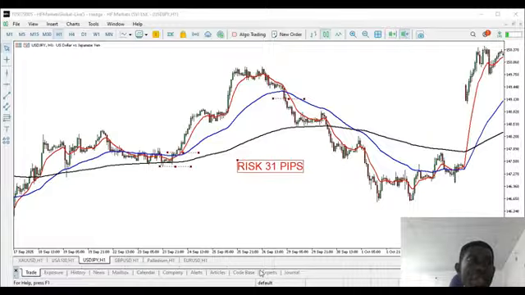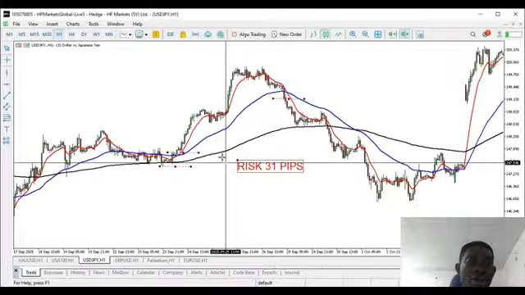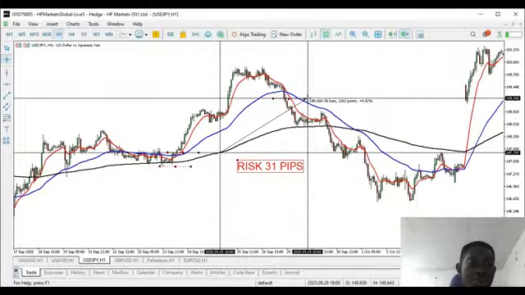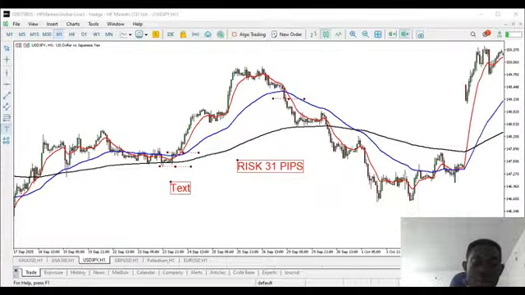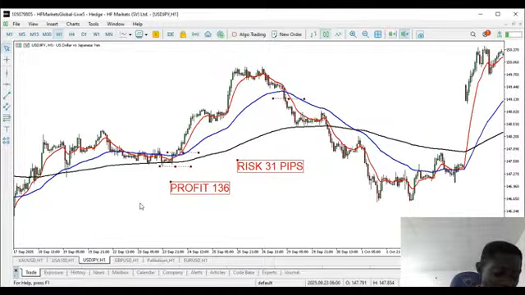So let's say from your entry to your exit is from here to here. That's 136 pips. 136 pips profit. So what is the risk to reward ratio here? 136 divided by 31.